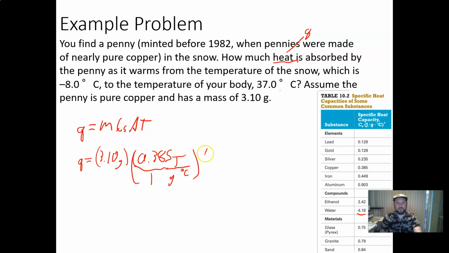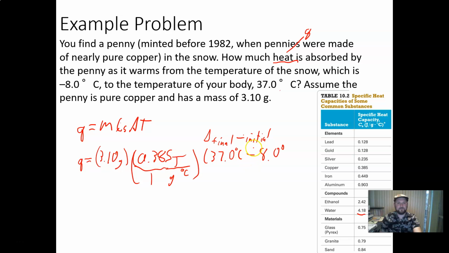And then we have delta T. Remember, delta means final minus initial. If the penny is warming up to our body temperature, we would put the final here, and then minus the initial, 8.0 degrees, except I made a mistake. Look at that.